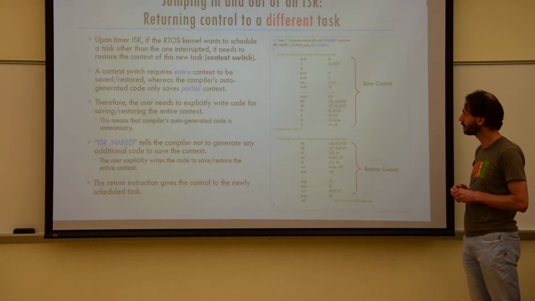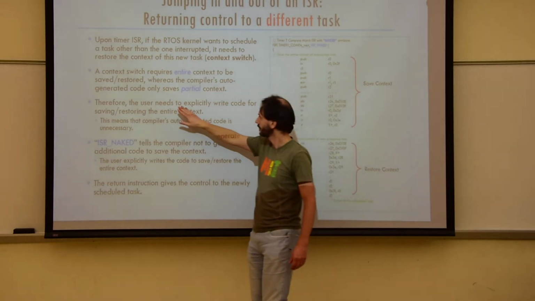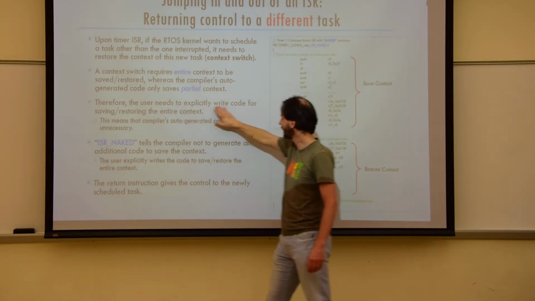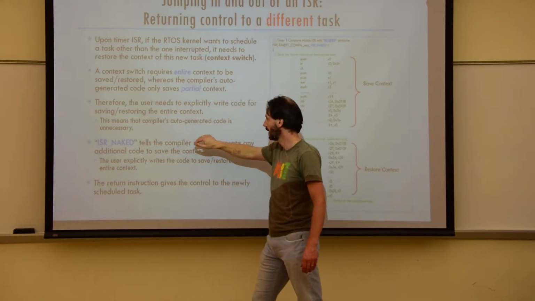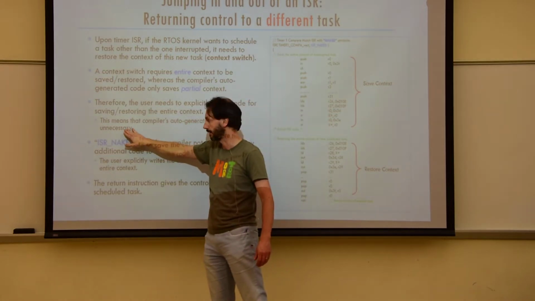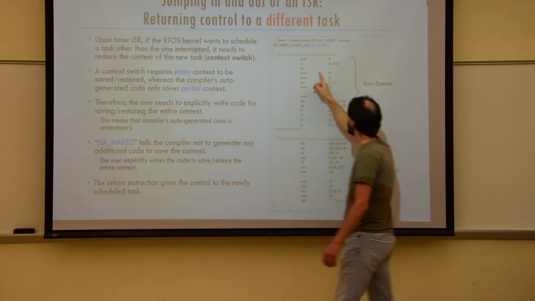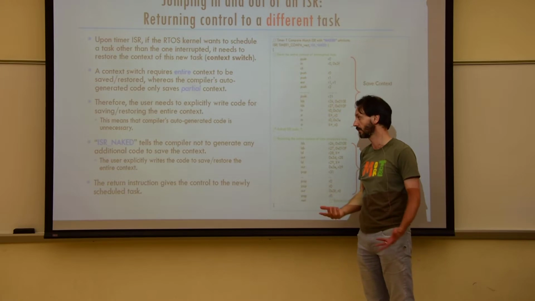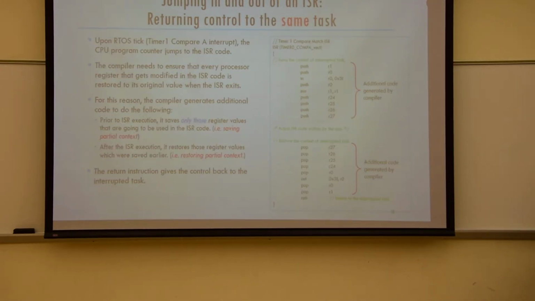Well, the idea is that the user needs to explicitly write code for saving and restoring the entire context. And this means that the compiler's auto-generated code is unnecessary. For that reason, we put the ISR naked argument into the ISR, which tells the compiler not to generate any of the additional code that we had on the earlier slide.